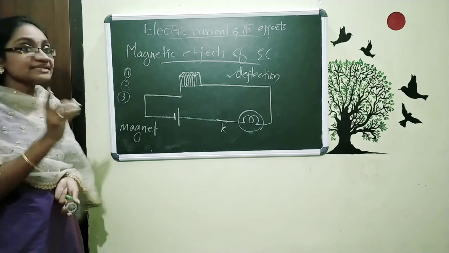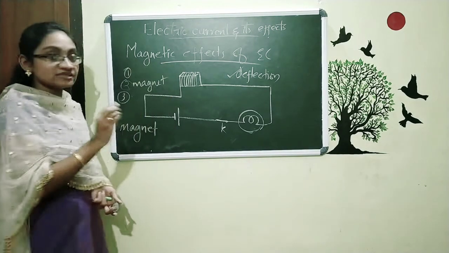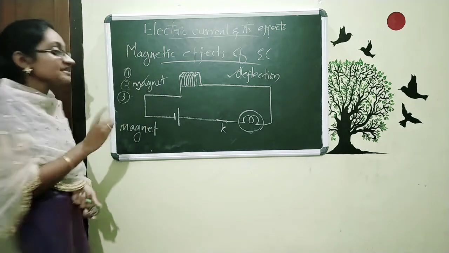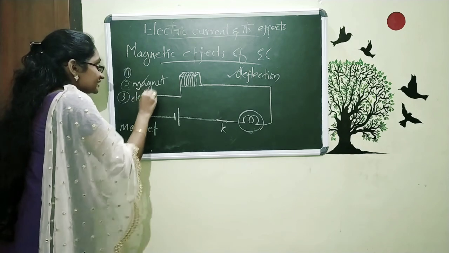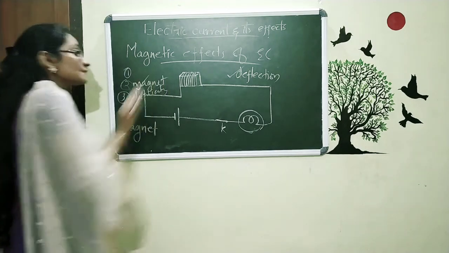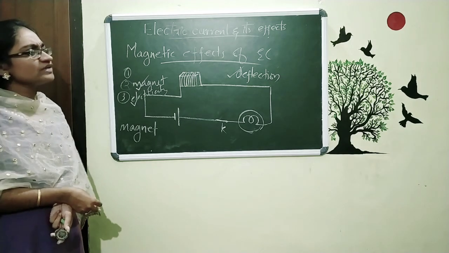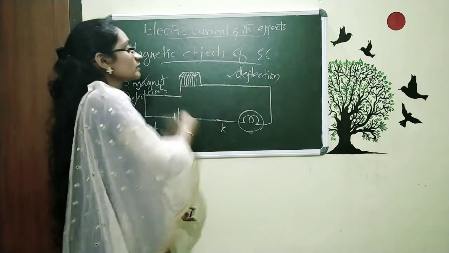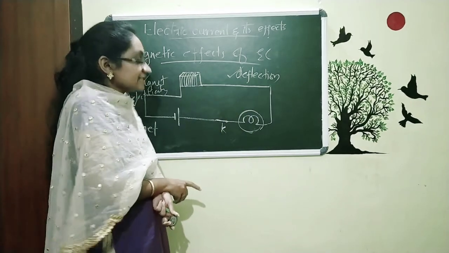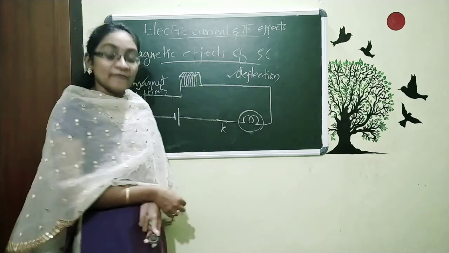So, when there is a presence of a magnet, it gets vibrated. And if electricity is flowing through this, there also we have vibration. Then how can we conclude this? Actually, when electricity is flowing through the circuit, it behaves similarly to when a magnet is present.